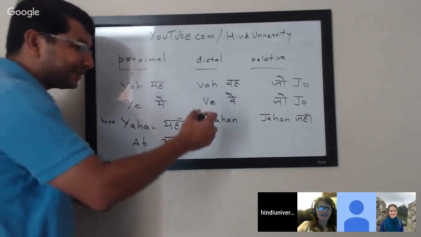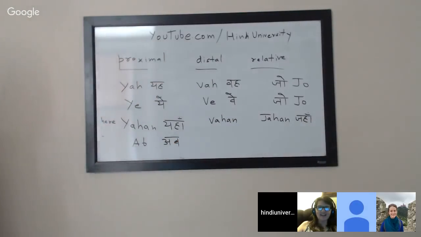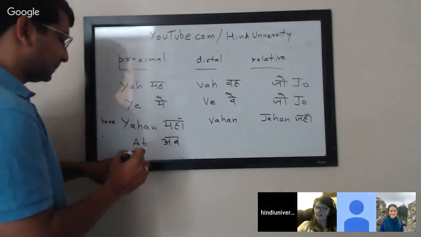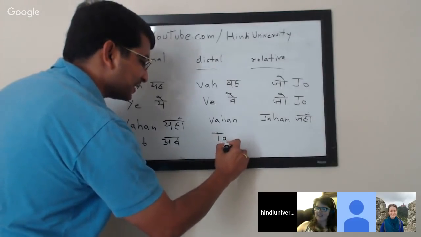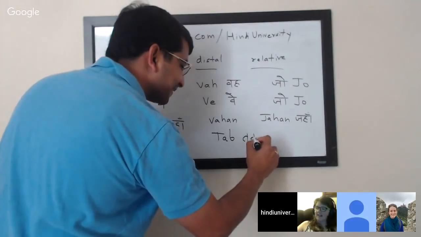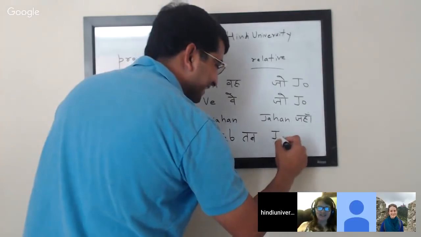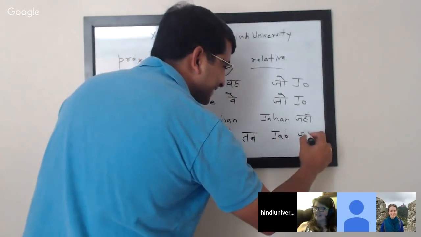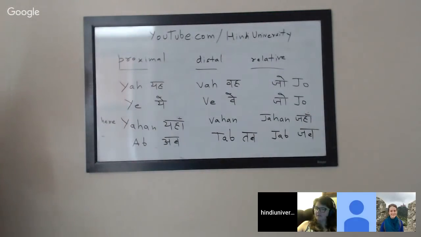And then the distal would be, what is the distal pronoun? Tab. Yes, I have heard of that. Jab we met, when we met. That's right. So that's nothing but using the relative pronoun, right? So jab.